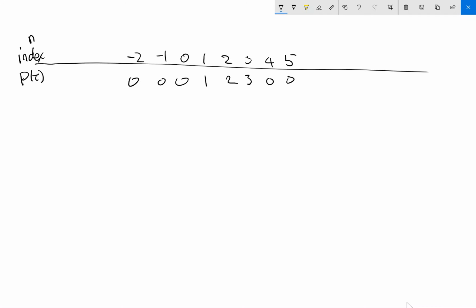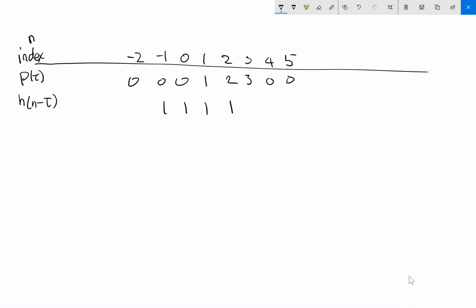And then remember, what does h tau look like? It's from -2 to 1, so h tau looks like this. But what we want is not h tau. What we want is h of n minus tau. So still we're doing the flip, with respect to 0, and it is here.